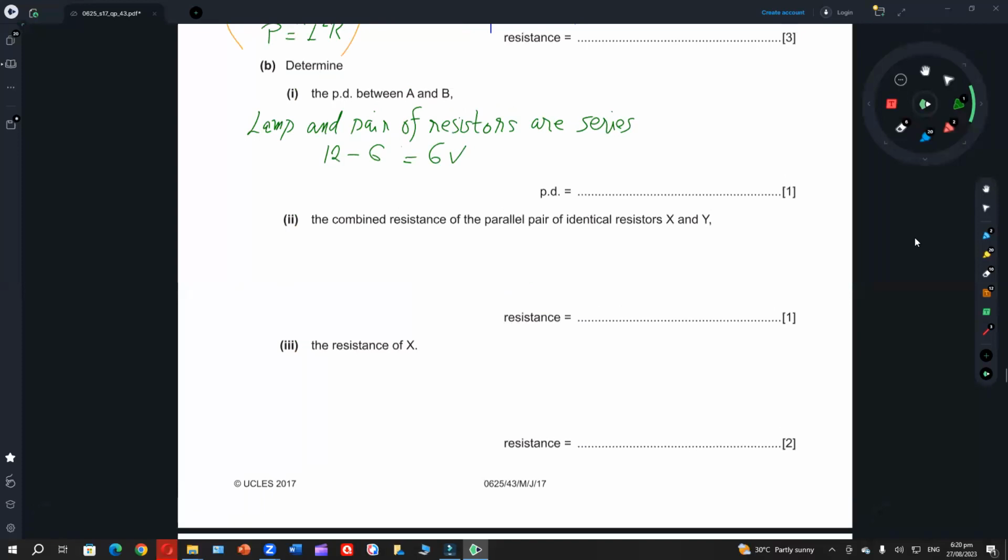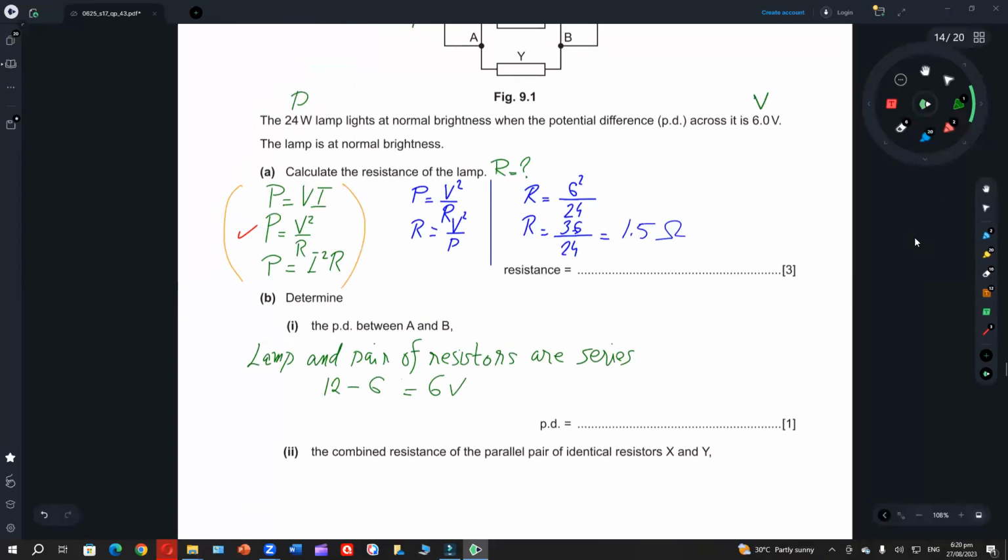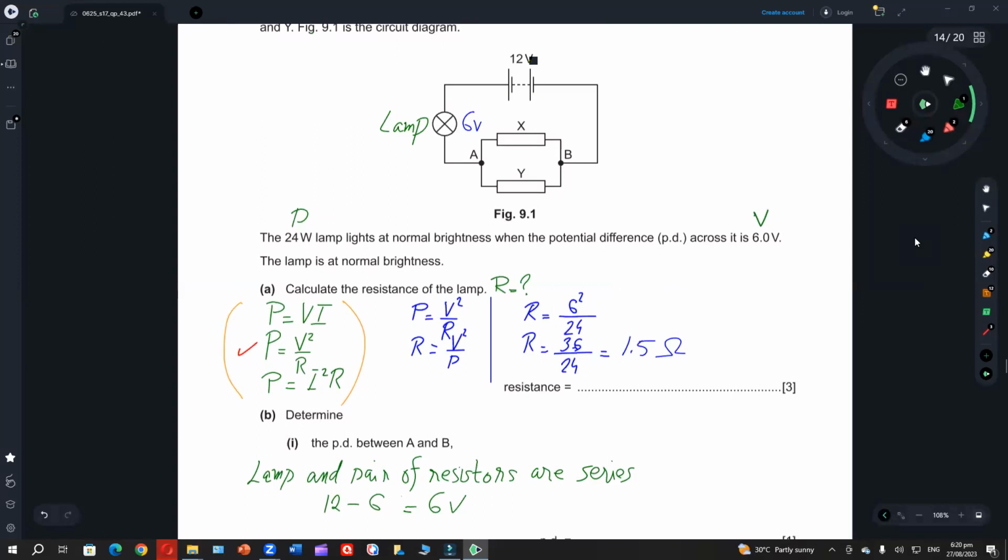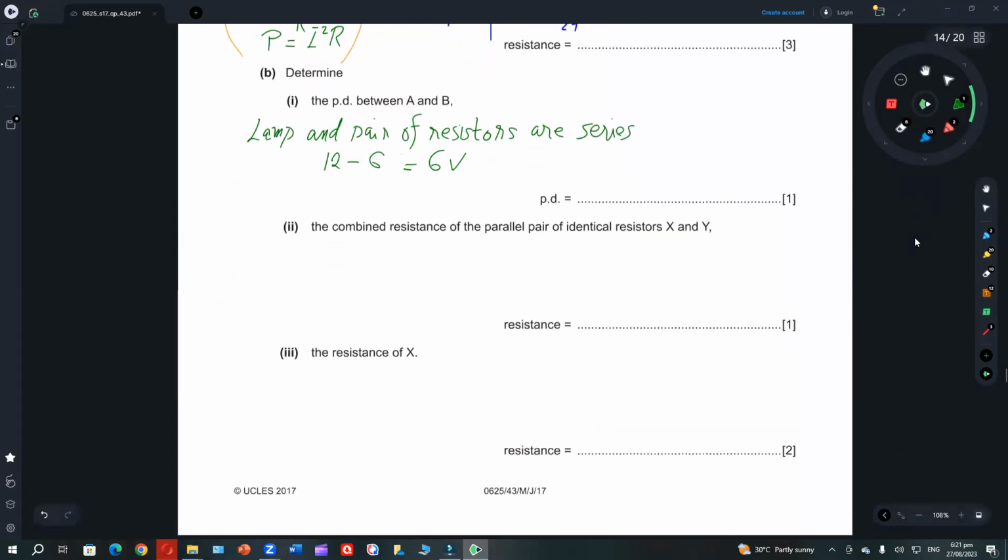For the combined resistance of the parallel pair, I know the voltage, but somehow if I can get the current, I can use Ohm's law. Can you help me to find the current in this circuit? How can I find the current in the lamp? Any formula? I know the resistance of the lamp. I know the voltage on the lamp. So how can I find the current in the lamp?